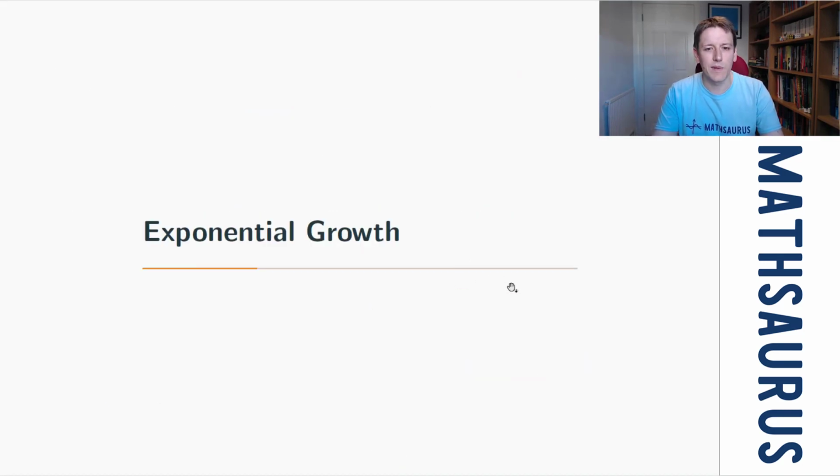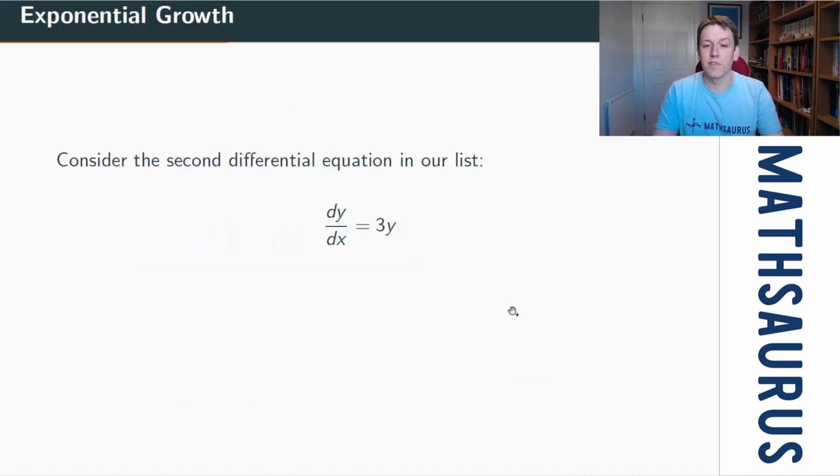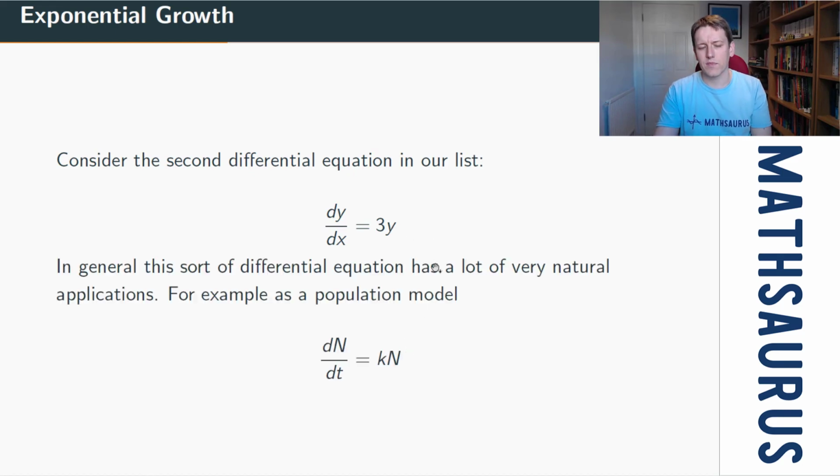So the next thing we'll talk about is exponential growth, and this particular type of differential equation. The second differential equation was dy by dx equals 3 times y. So rather than having a function of x on the right hand side, I've now got a y. And this is really a useful differential equation.